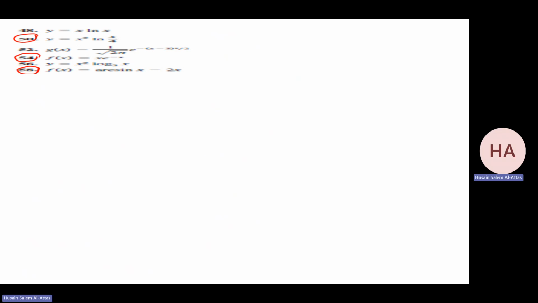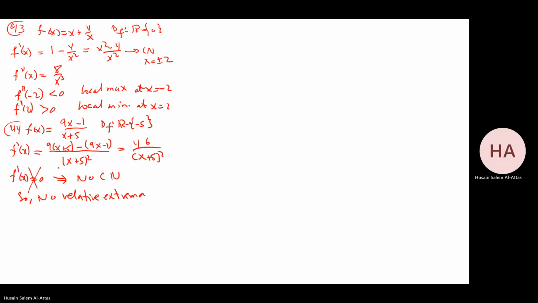Number 48. F of x equals x ln x. What will be f prime? F prime will be ln x plus 1.